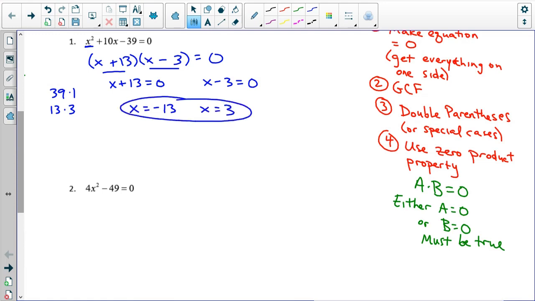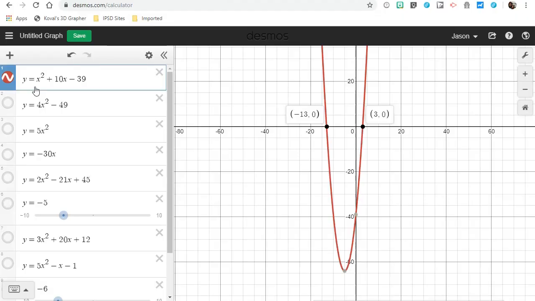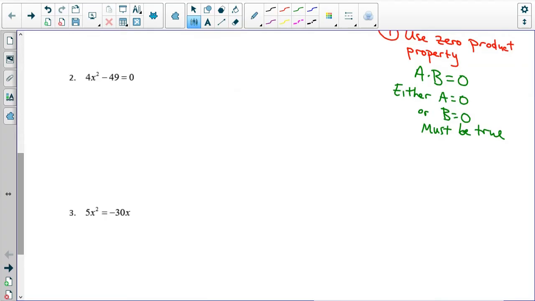Those are my two solutions. If we look at x squared plus 10x minus 39, we see that the x-intercepts are negative 13 and 3. Problem 2, 4x squared minus 49 equals 0. There is no GCF. This is the difference of two perfect squares. So I have 2x and 2x, minus 7 and plus 7. Then I set both parts equal to 0.